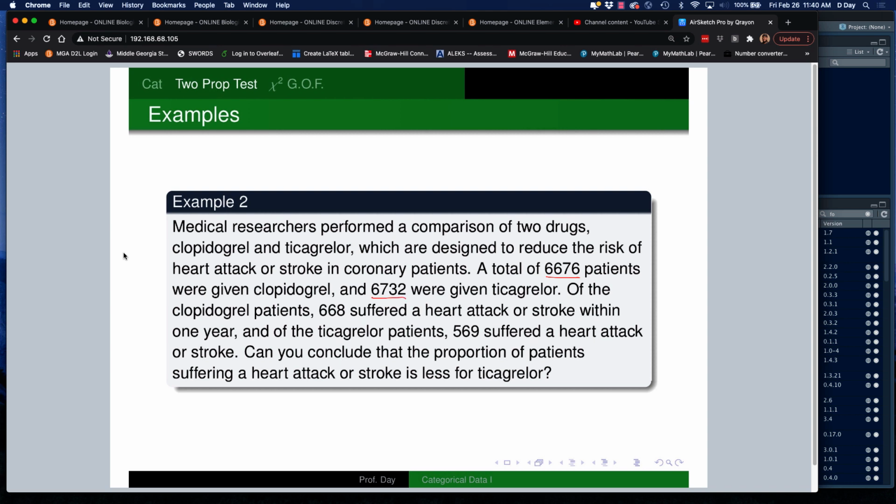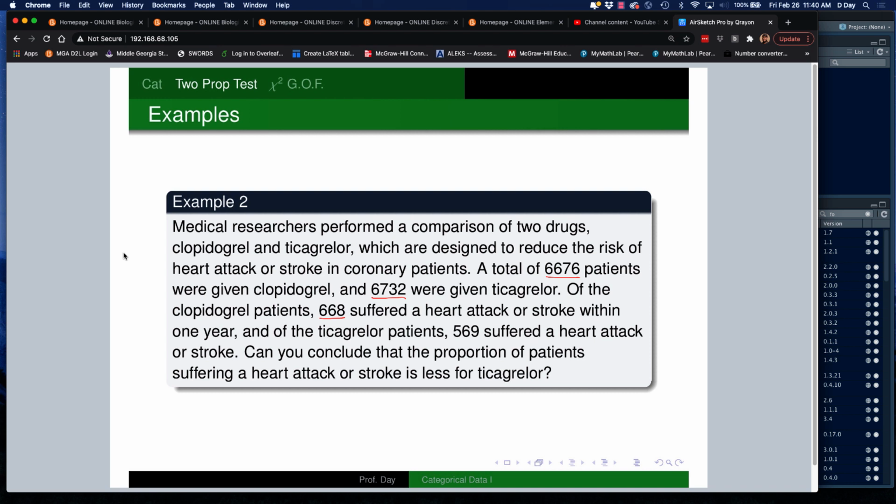So we basically have the sample sizes of how many people took those. Of the clopidogrel patients, 668 suffered a heart attack, so there's our X1, if you will, or stroke within 1 year.